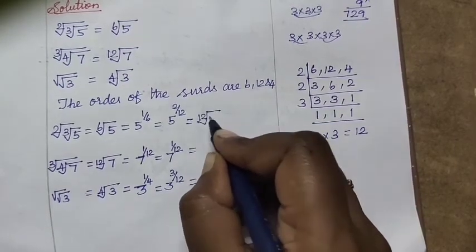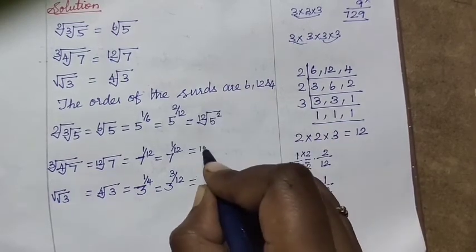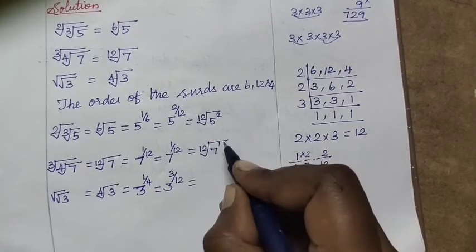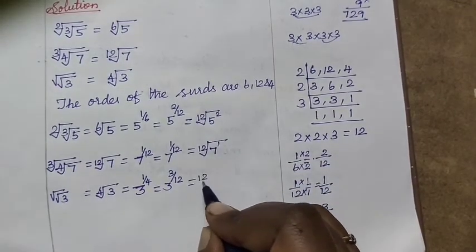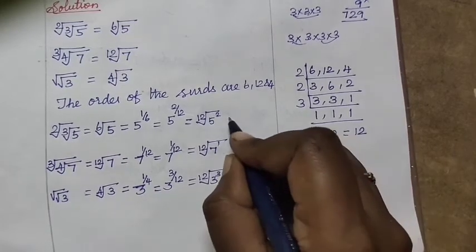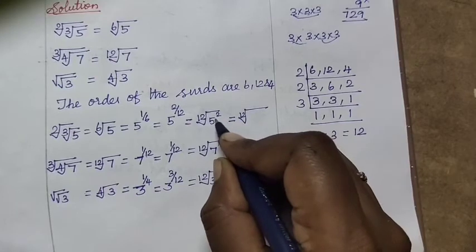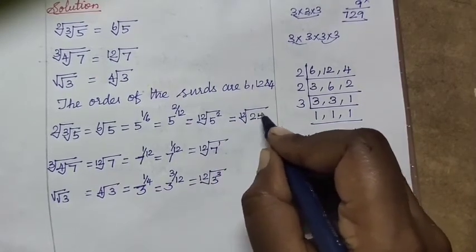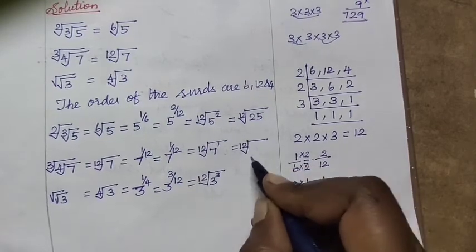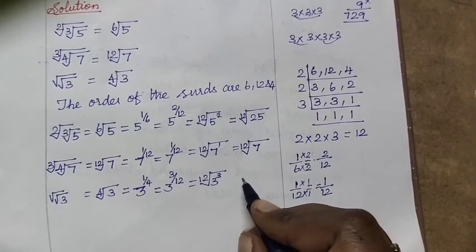12th root of 5 square, 12th root of 7 to the power 1, 12th root of 3 to the power 3. Find the values. 12th root of 5 5s are 25. 12th root of 7 into 1, 7.